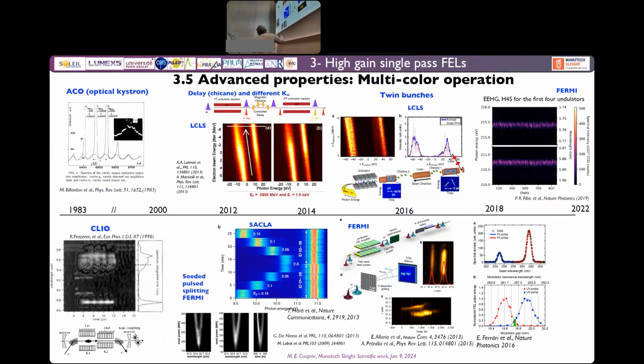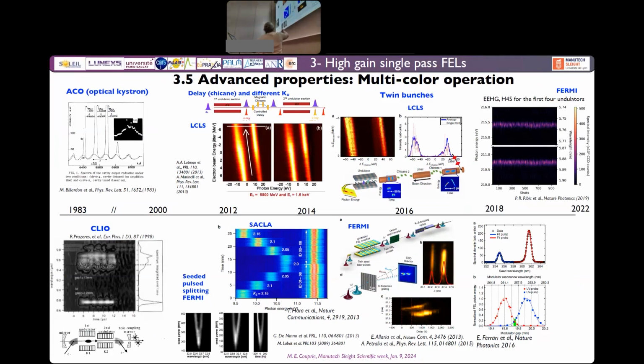And for seeded FEL, then you can play also with electron beam dynamics. And you have a natural effect of splitting because you do the modulation. So here you have the wavelengths versus the longitudinal position.